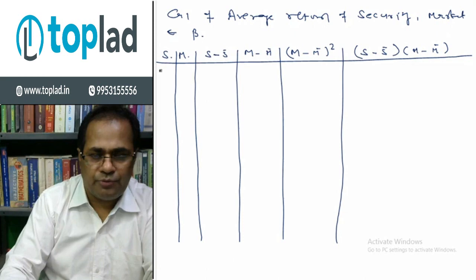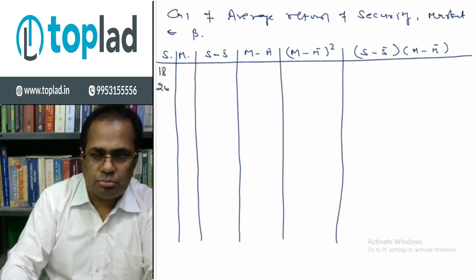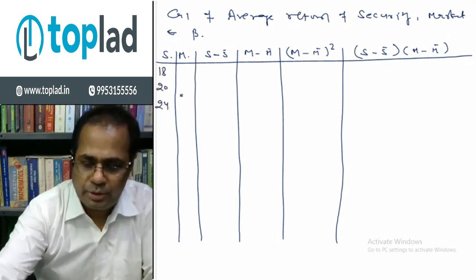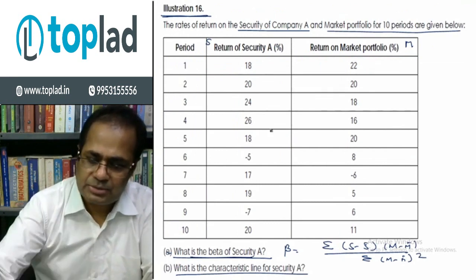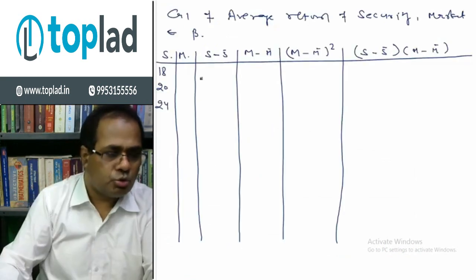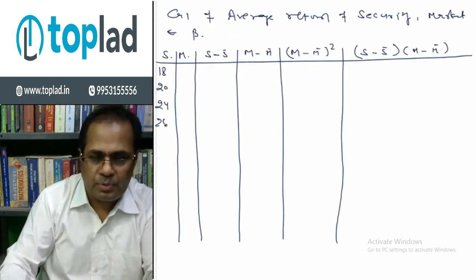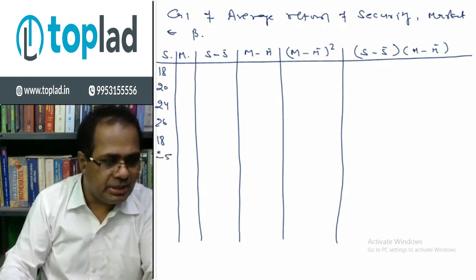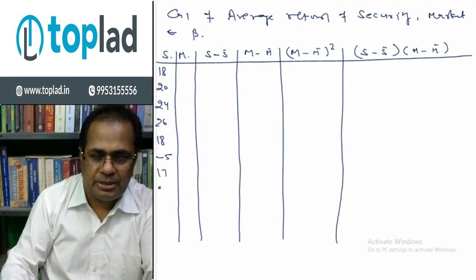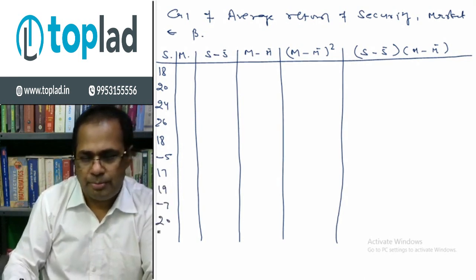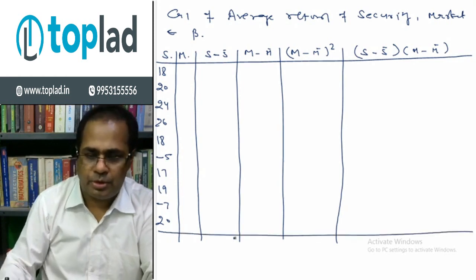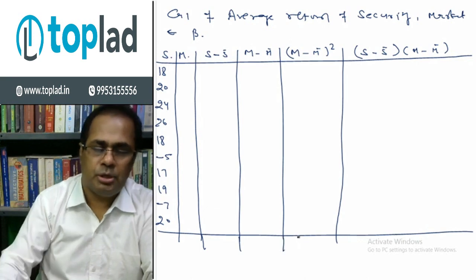The security returns are 18, 20, 24, 26, 18, minus 5, 17, 19, minus 7, and 20. Okay, these are given. Now the market.